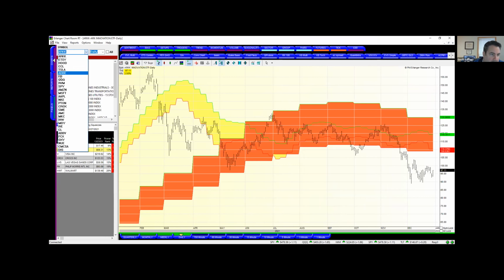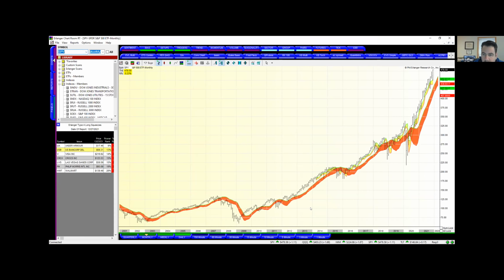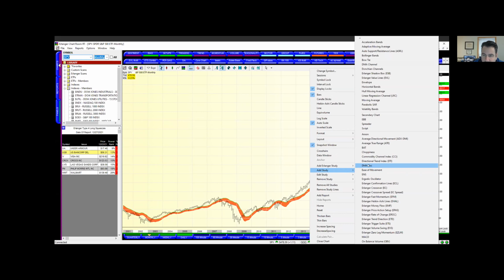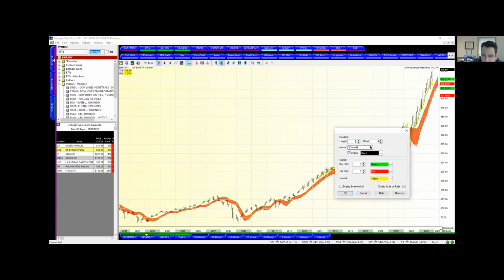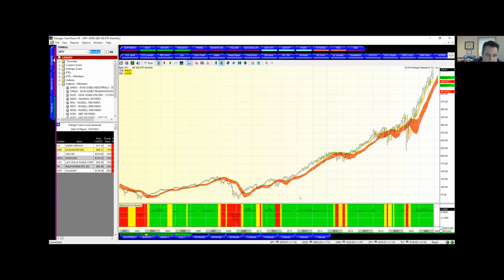When we do this, let's do the S&P monthly, and we're going to add a study, just a DMA oscillator at the bottom, and we're going to do it monthly. So look at this. This is really interesting to see. This is the last 20 years.